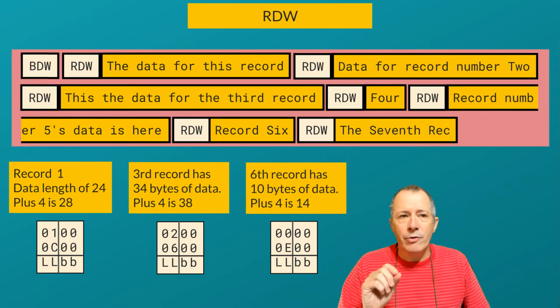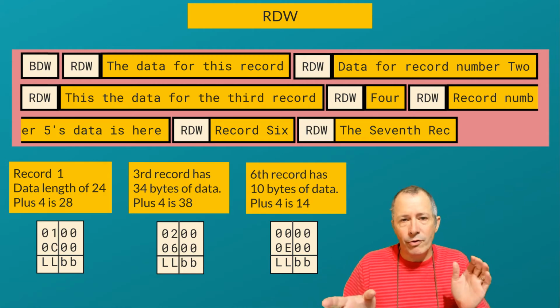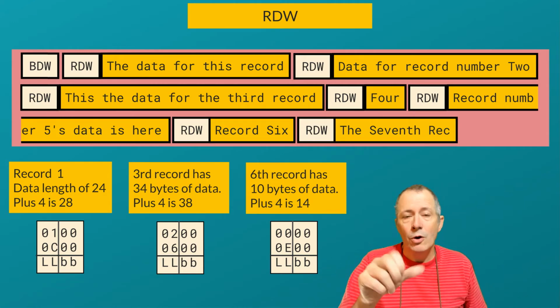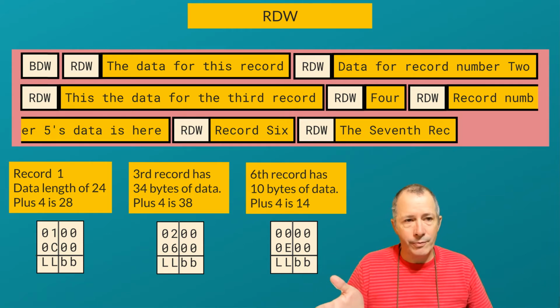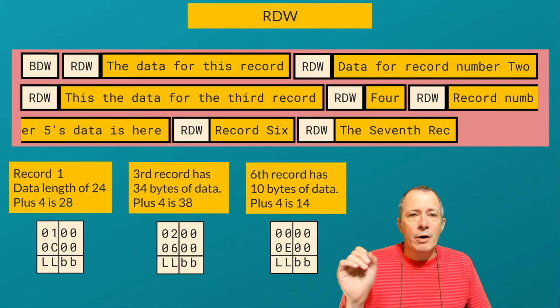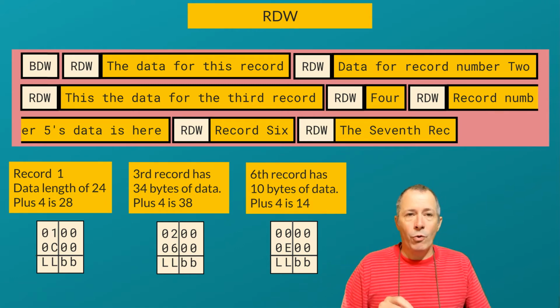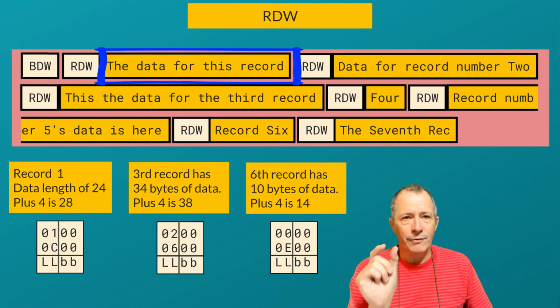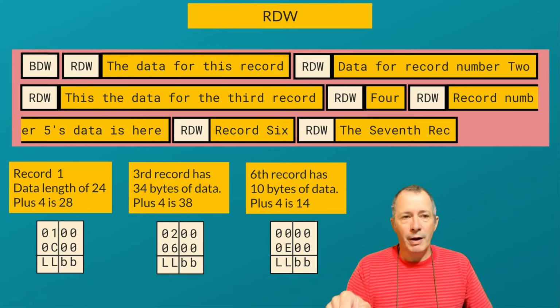A spanned record is a record that is longer than 32,760 bytes. Therefore, it takes 2 or more blocks to hold a record. Variable record 1 has a data length of 24. The data for this record is 24 characters, including the spaces.